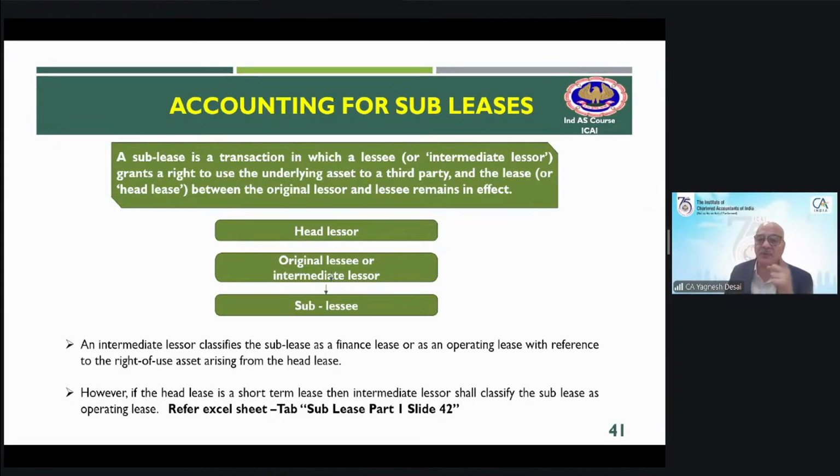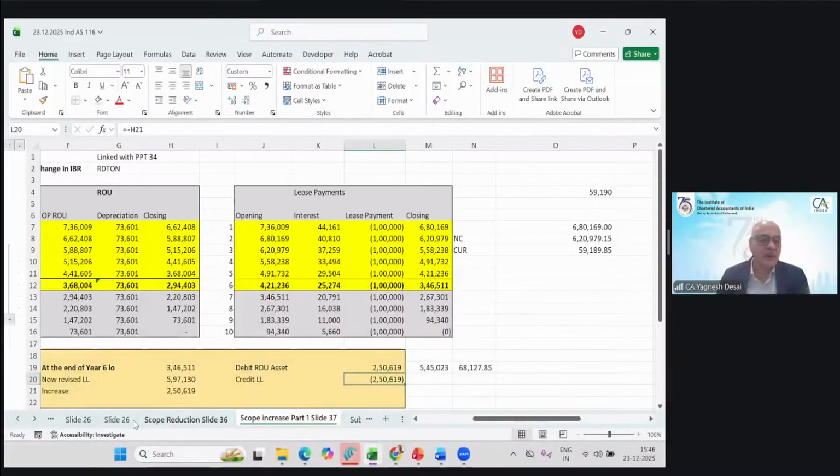But secondly, in that case, I'm a lessor. Now I'll talk in terms of finance lease and operating lease. So in that case, I still have to talk in terms of finance lease and operating lease because I'm a lessor. And we know it very well that lessor accounting is not changed. It's the same finance lease and operating lease. Sir, I know I'm overriding the time.